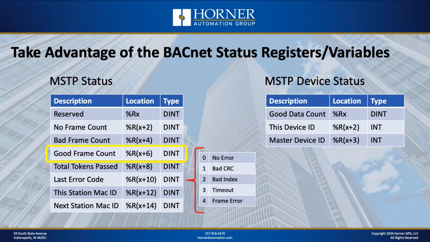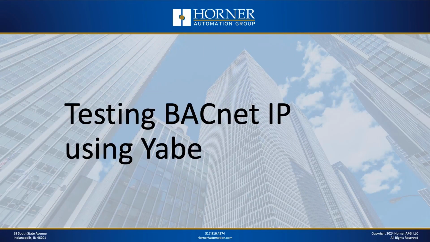Now, in the case of MSTP, because it's a token passing scheme and the OCS, for instance, is going to be attempting to pass the token maybe to a device that doesn't exist, it's not uncommon to be getting no frame counts and those sorts of things incrementing pretty regularly along with the good frame counts. But as long as that good frame count is going up and you're getting good data, then that's nothing to really worry about. All right, let's dive right in and test BACnet IP using our YABE tool.